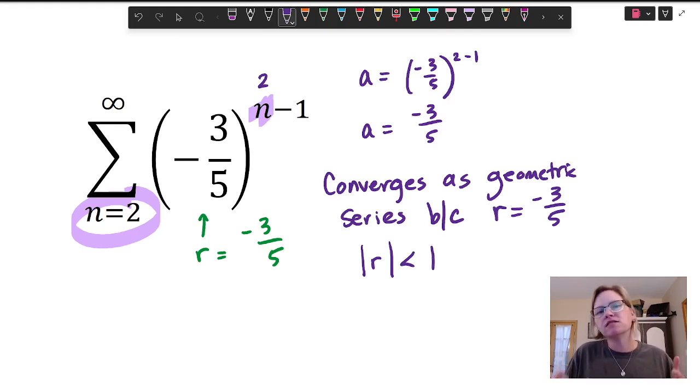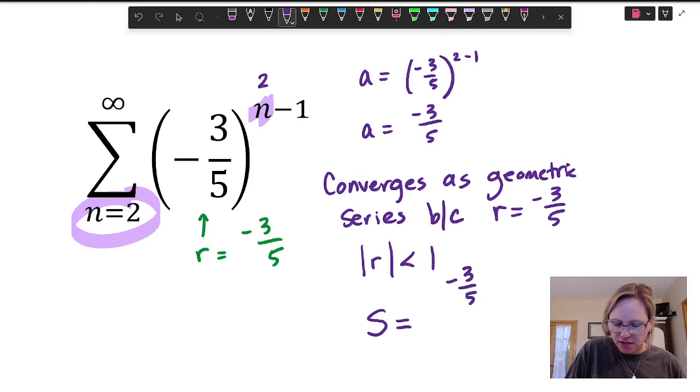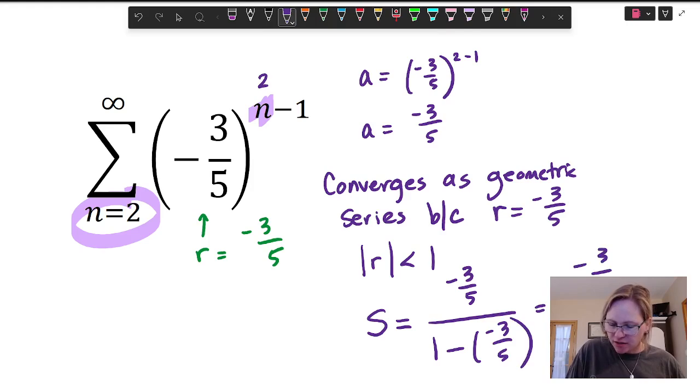All the negative does is mean that it's going to alternate as I add those terms together. It's going to alternate plus minus, but it's not a big deal. So what is my sum? Anytime I have a geometric series, I want to find the sum. So I'm going to take my a value, which is -3/5, divide it by 1 minus my r value, and then I'm going to simplify. This is going to be 1 plus 3/5. I'm going to get a common denominator. 5/5 plus 3/5 is 8/5.